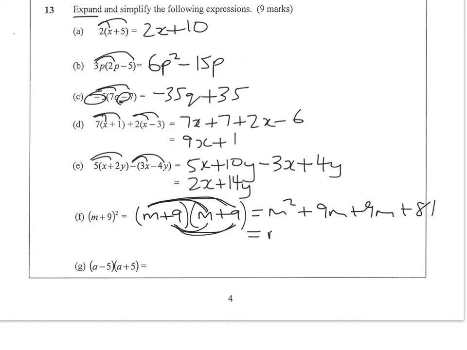Collect like terms, we have m squared plus 18m plus 81. Now, a quicker way to do that would be square the first, which is m squared, double the product. Now the product of those two together is 9m, double it, we get 18m, and square the last, which is 81.